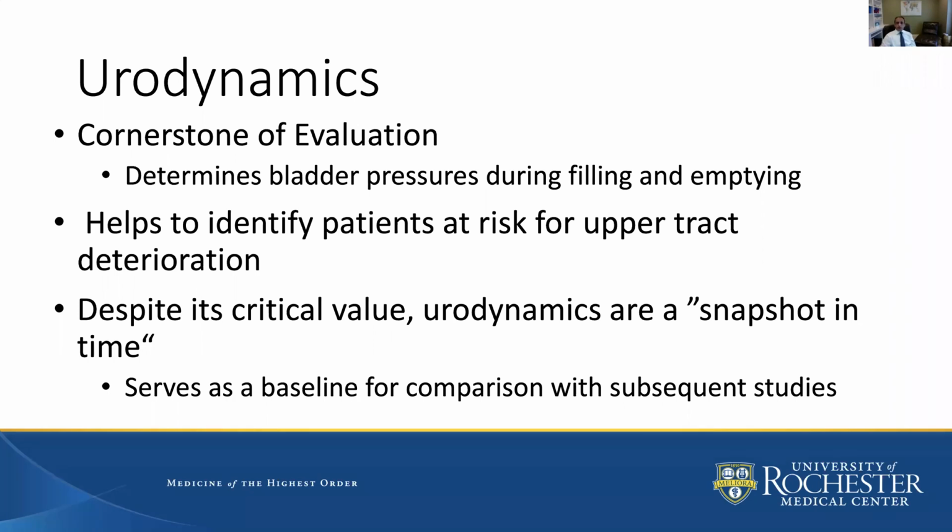Despite its critical value in evaluation of these kids, it's a snapshot in a point of time. So you may need to repeat those studies, especially if you have done any intervention, and see how much improvement has happened, or if there's any deterioration in the findings.